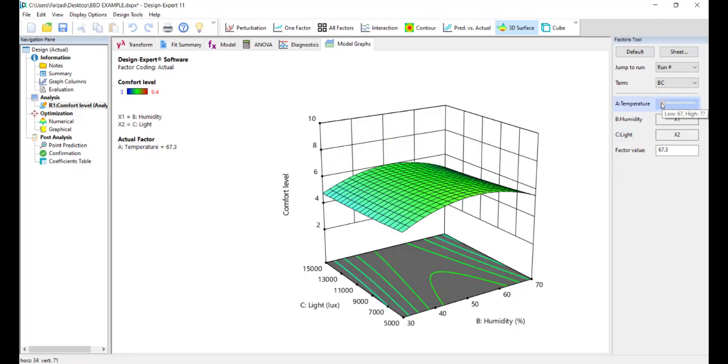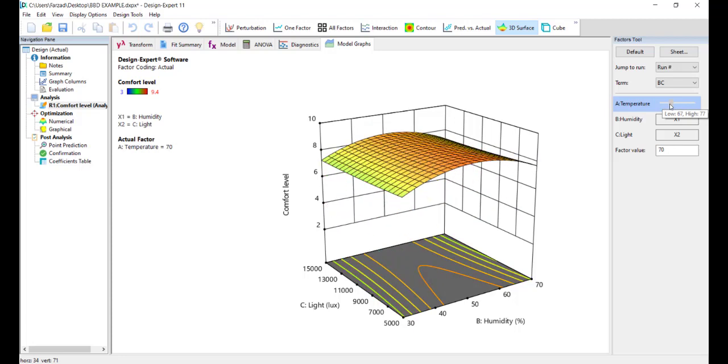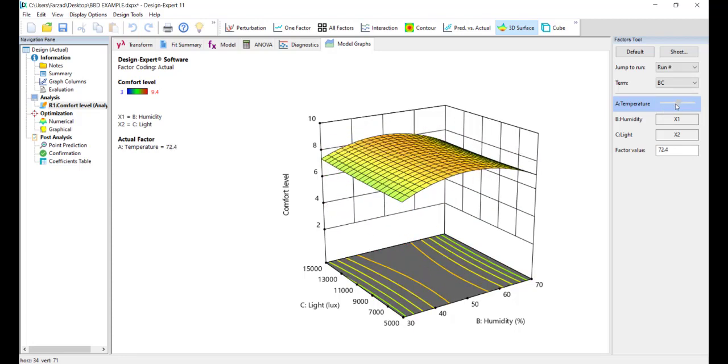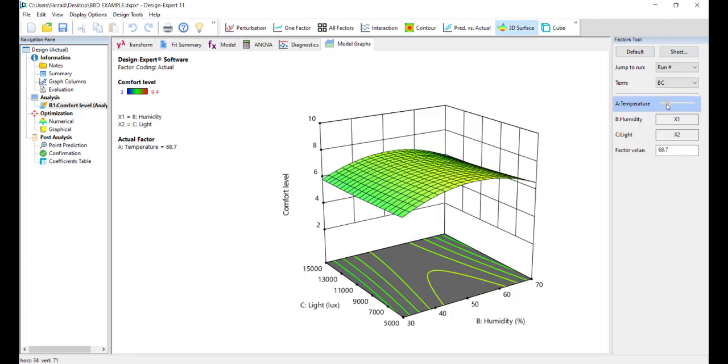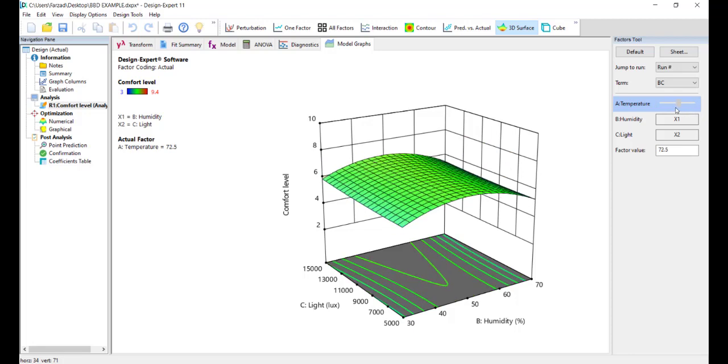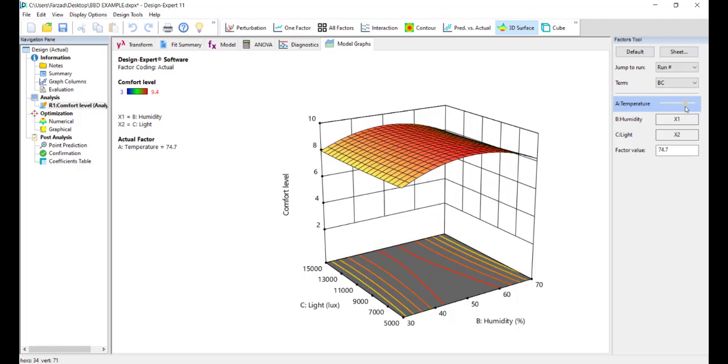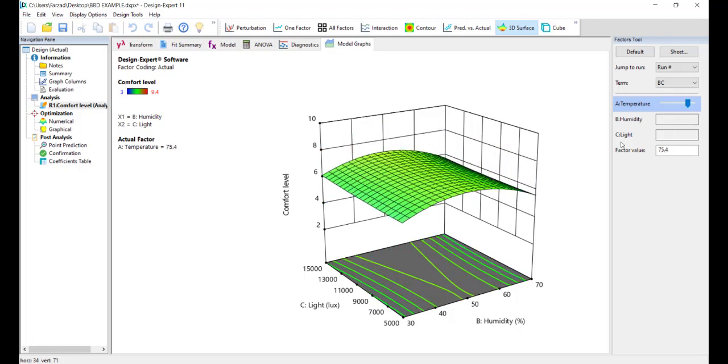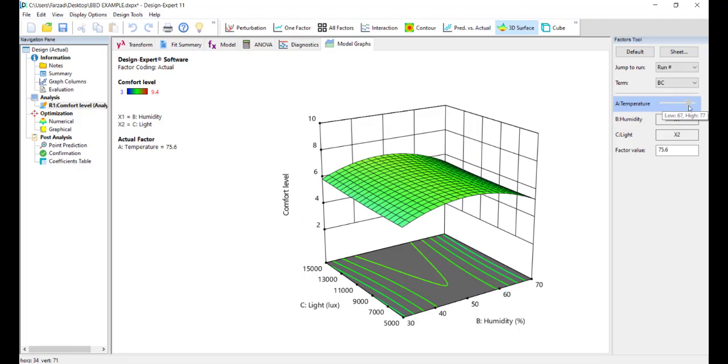If we had only two factors, we could simply find that optimized point, which we are looking for, the highest comfort level. But you can see here the third factor is changing. Humidity and light is here, and comfort level here is changing when I change the temperature.